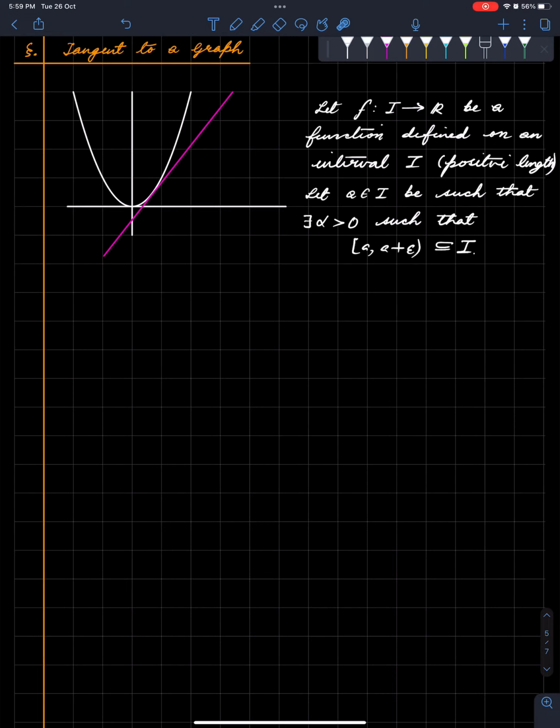A is not the right boundary point of I. That's all this is saying.